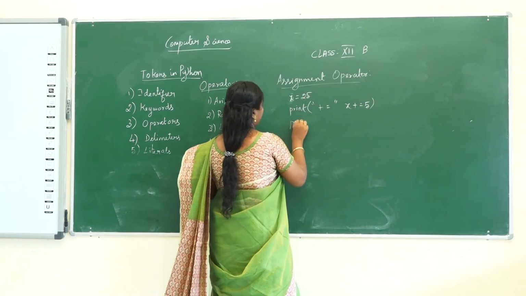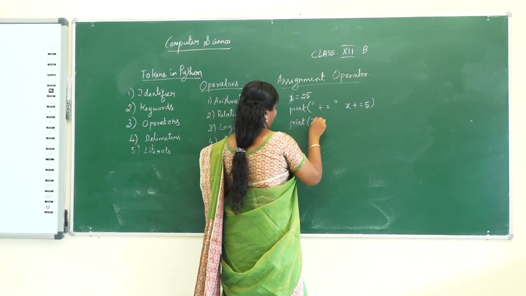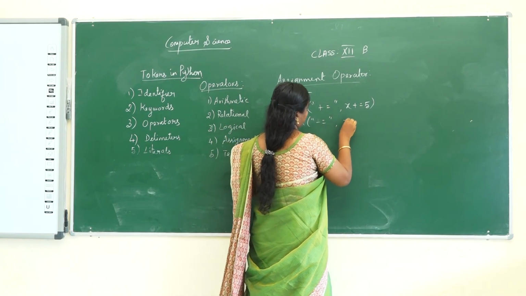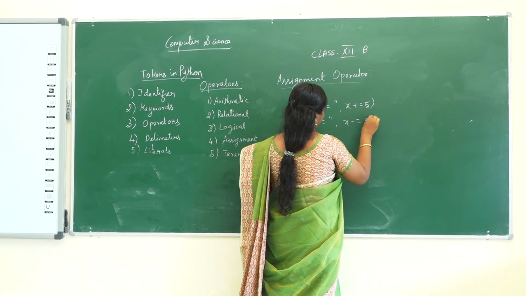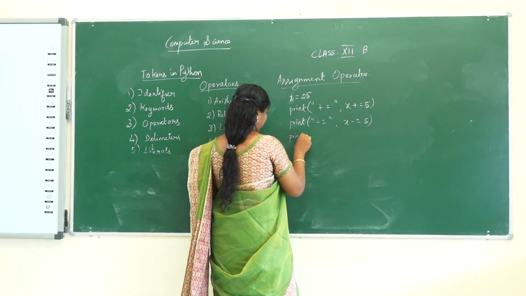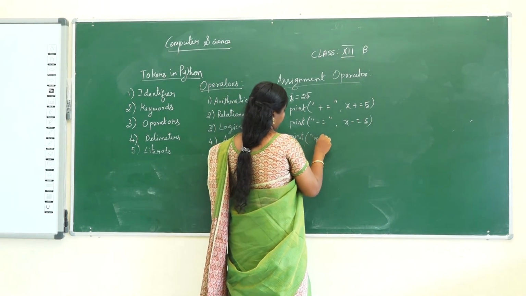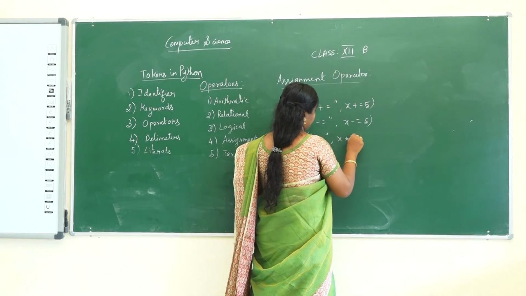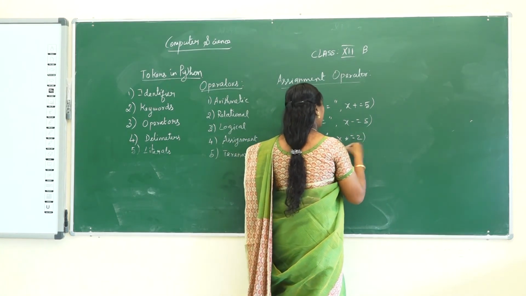And next one, minus equal to, x minus equal to 5, and print. Star equal to, x star is equal to 2.